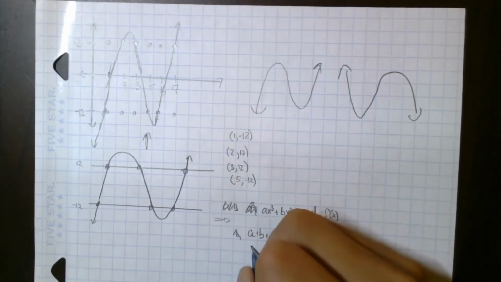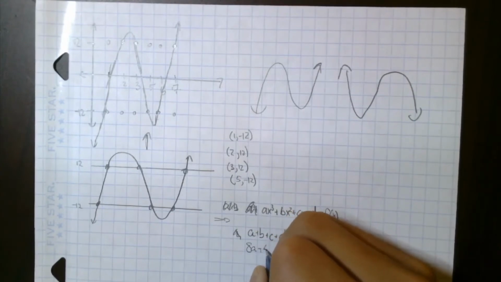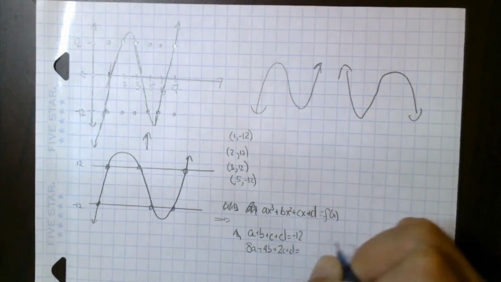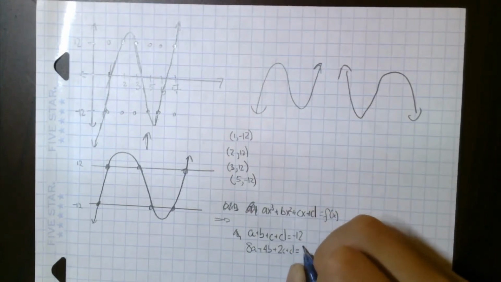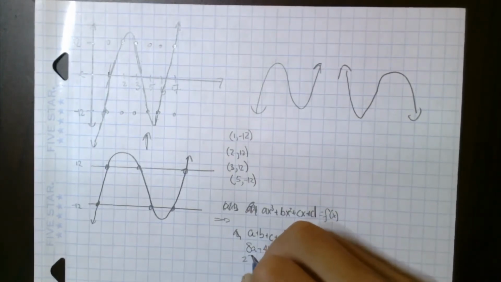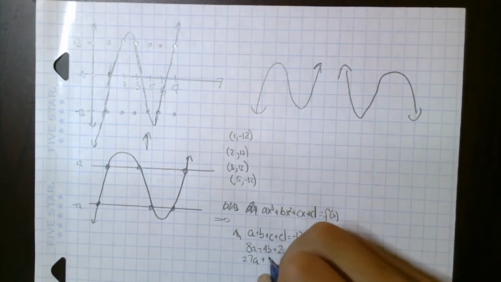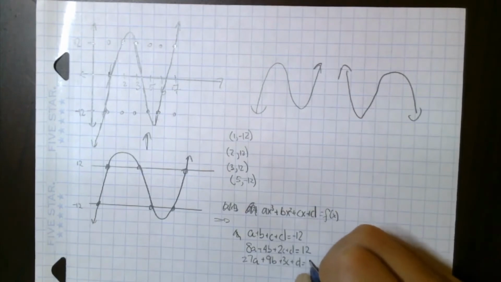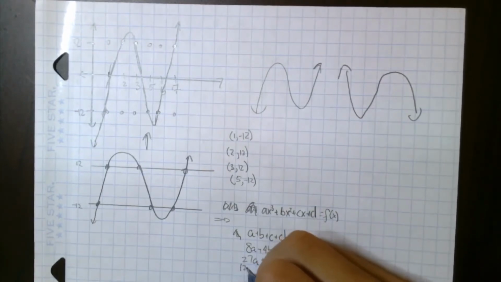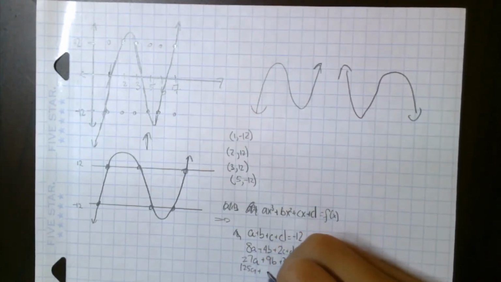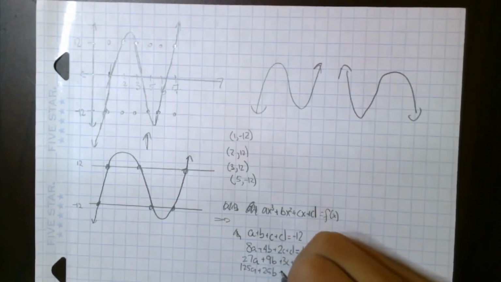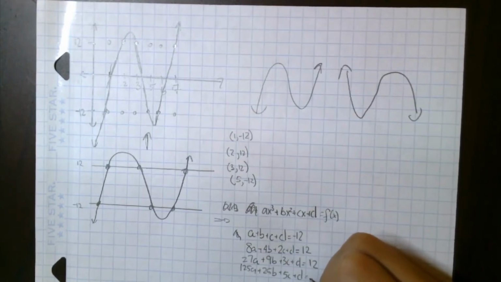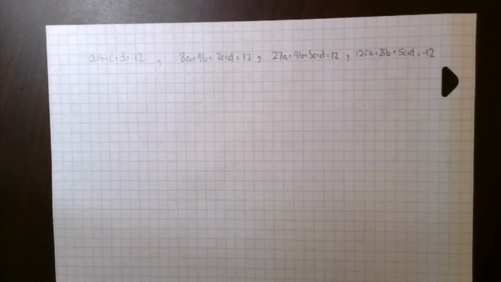Similarly, we get 8a plus 4b plus 2c plus d equals 12, 27a plus 9b plus 3c plus d equals 12, and 125a plus 25b plus 5c plus d equals negative 12. Okay, so from here we can solve.